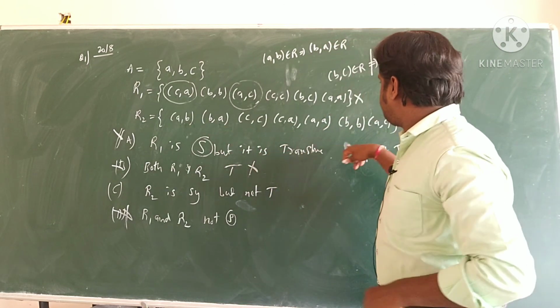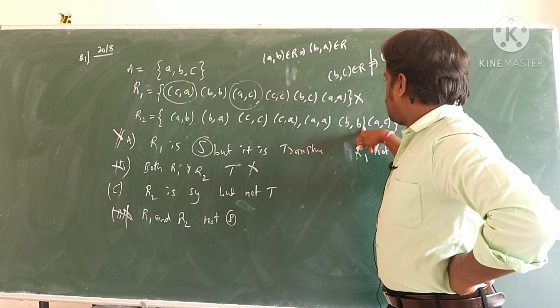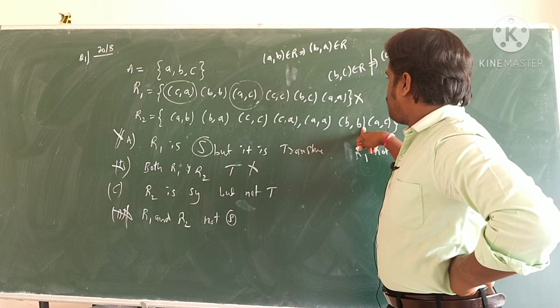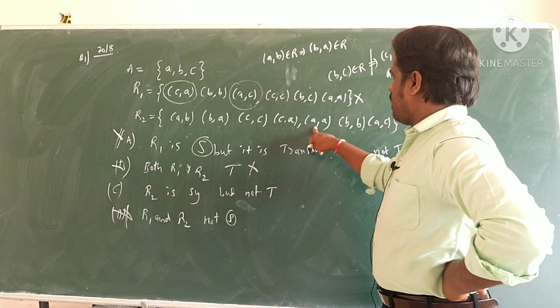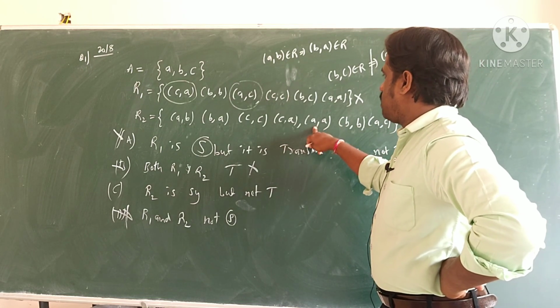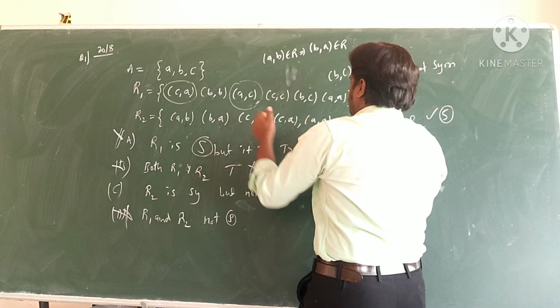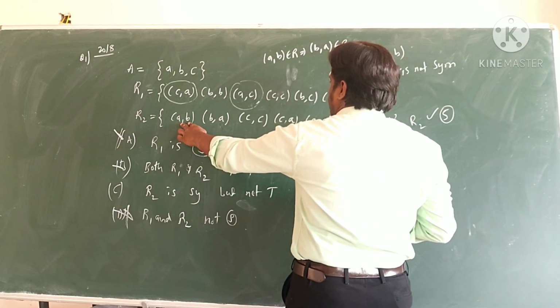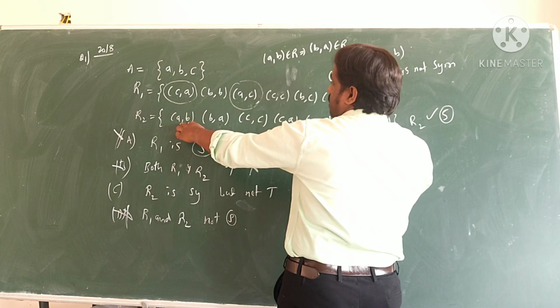A comma B, B comma B, B comma A and A comma A. B comma A, B comma A comma A, then you should get B comma A, right? B comma A is there.